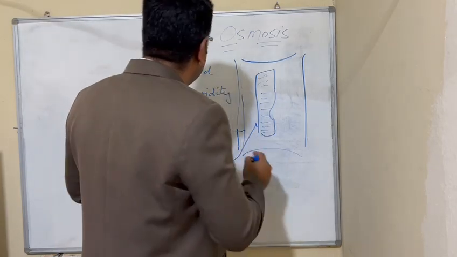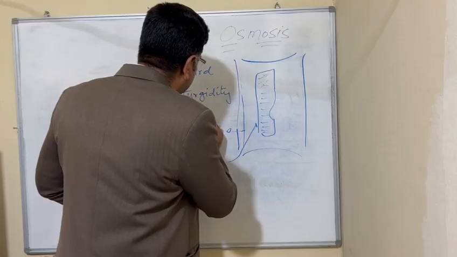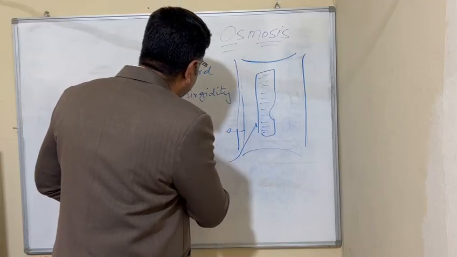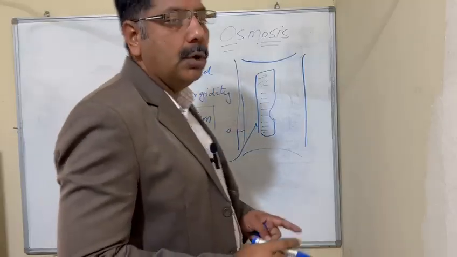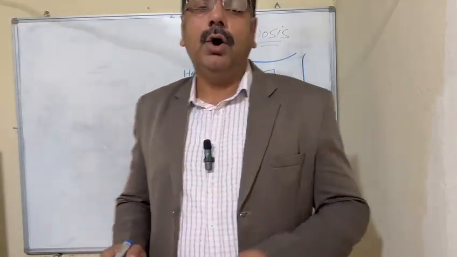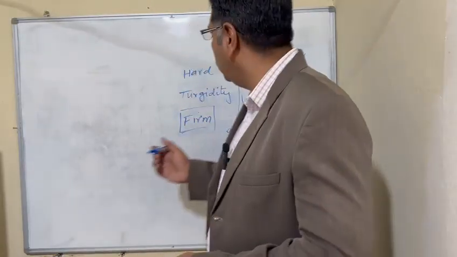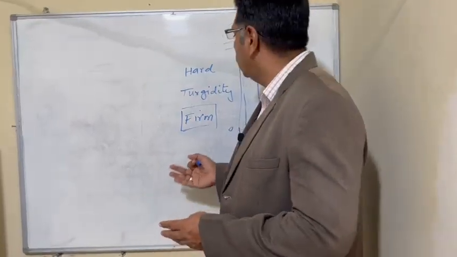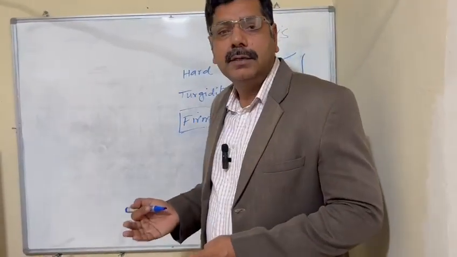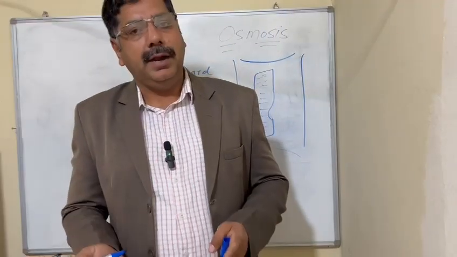A turgid cell will be firm. So the hardness of the plant cell depends on osmosis. If osmosis is not working properly, the cells of the plant will not be hard.